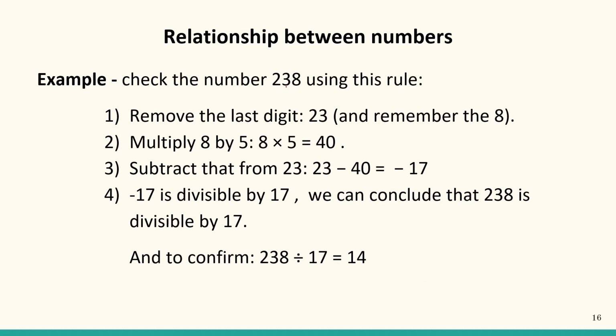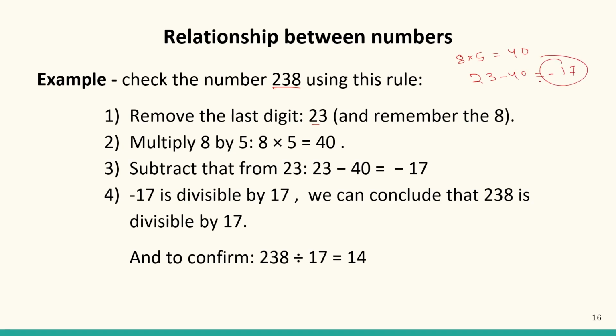So another example is given here. Let's say 238. Using this, we took 8 out of it and multiplied it with 5. 8 into 5, that is 40. Then we got 23, the truncated part. Then 23 minus 40 is equal to minus 17.